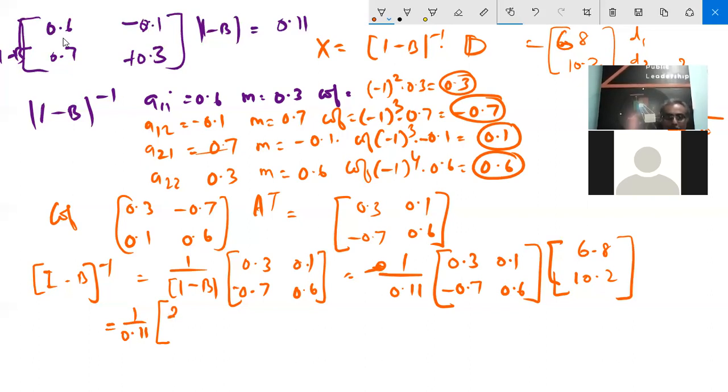That is equal to 20.4 plus how much? 0.1 into 10.2 is equal to 1.02. So 20.4 plus 1.02 is 21.42. Yeah, 21.42.